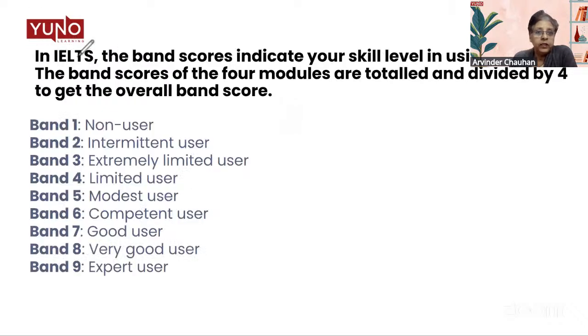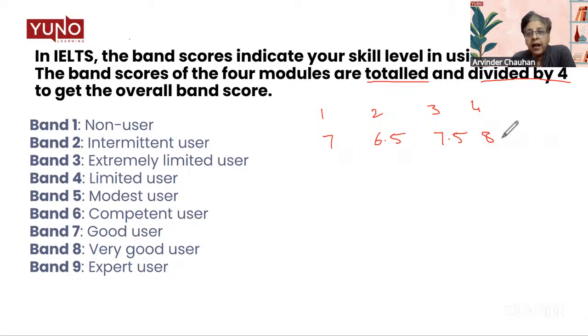In IELTS, the band score indicates your skill level in using English. The band scores of the 4 modules are totaled and then divided by 4 to get the overall band score. We've got listening, reading, writing, and speaking, 4 in all. So let's say you got a 7 here, 6.5 here, 7.5 here, and an 8 here.